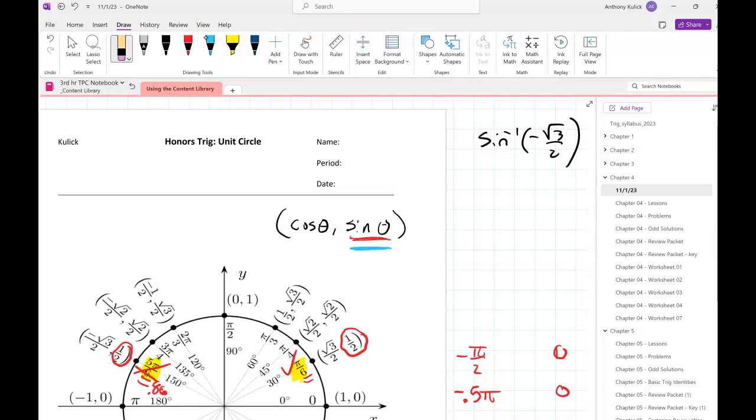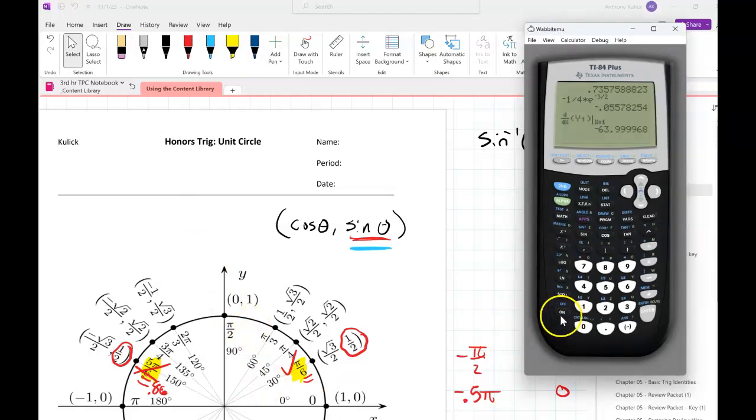Can you tell? How could you check if you weren't sure? Well, you type it in your calculator, right? To see what the decimal is. And then we're checking on a number line.